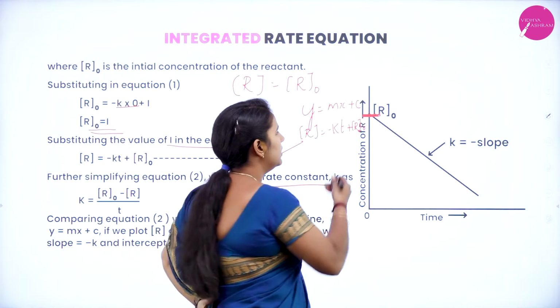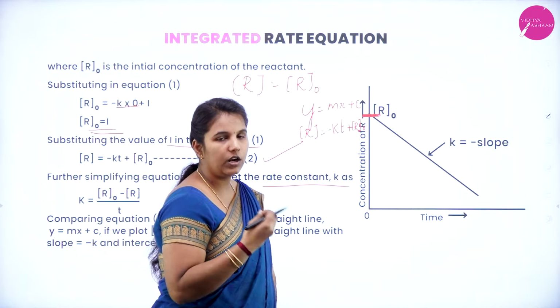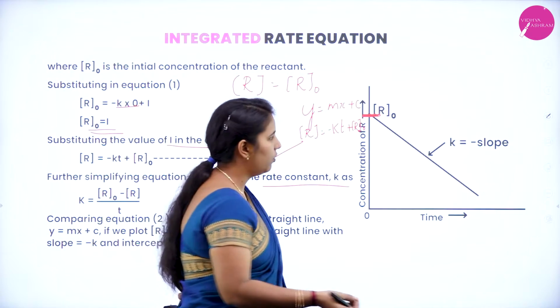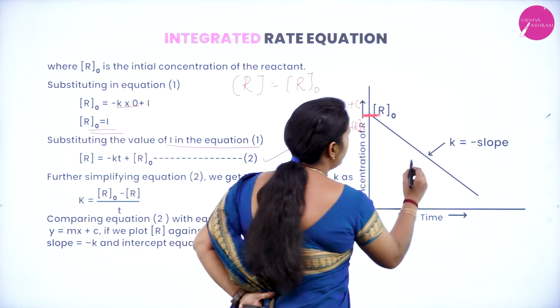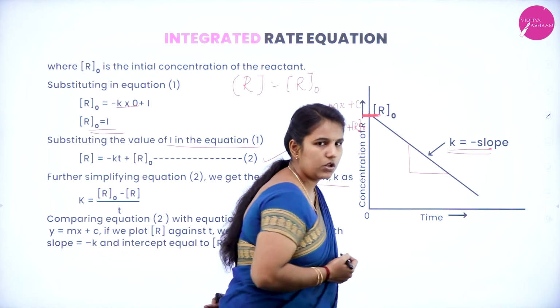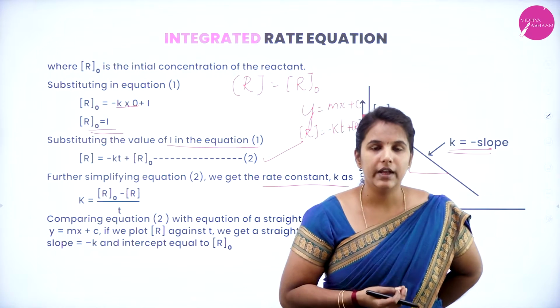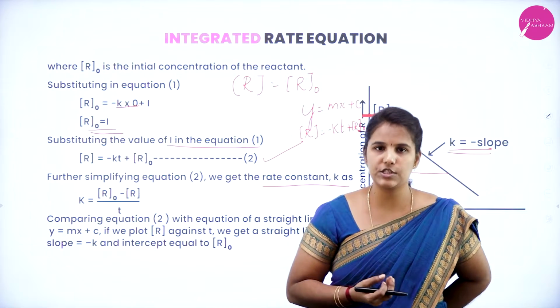At the initial state, the concentration R naught is the initial concentration of the reactant. Later, as time passes, it will decrease. If you take the slope for this, you will get a negative slope. This is how we can easily derive an integrated rate equation for the zero order reaction.